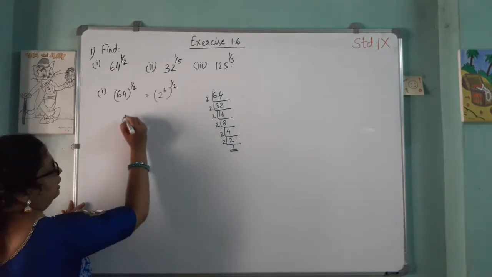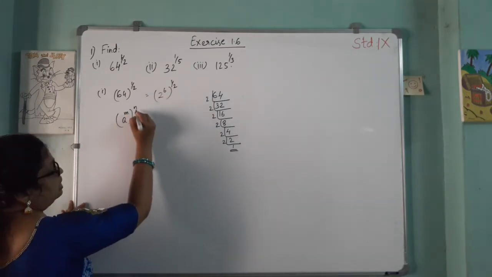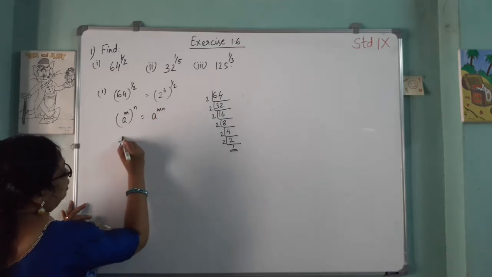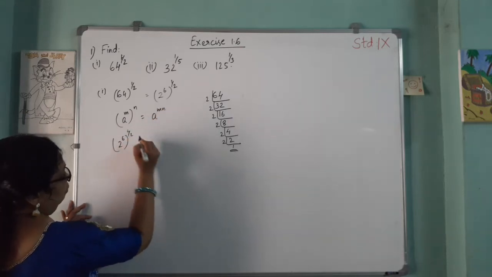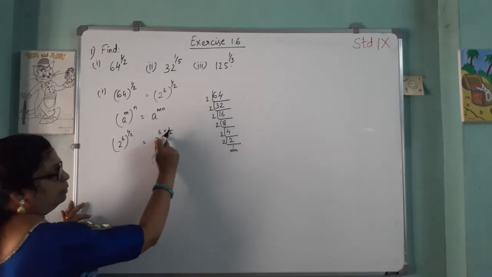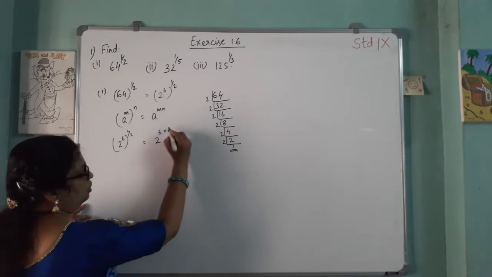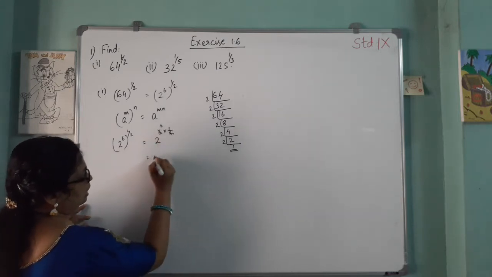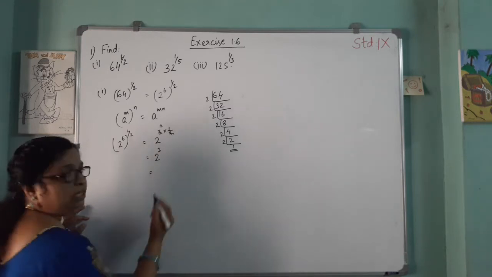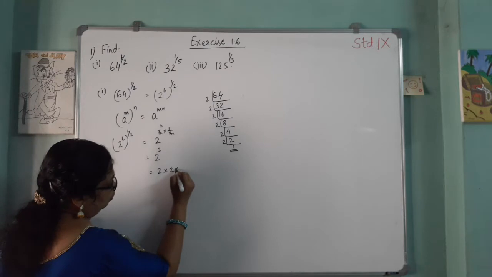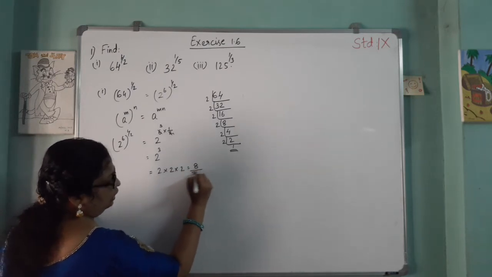We know that a raised to m, the whole raised to n is a raised to m into n. So 2 raised to 6, the whole raised to 1 by 2, equals 2 raised to 6 into 1 by 2, in the power 6 into 1 by 2. The 2 cancels, leaving 3, that is 2 cube. 2 cube means 2 into 2 into 2, which is equal to 8.